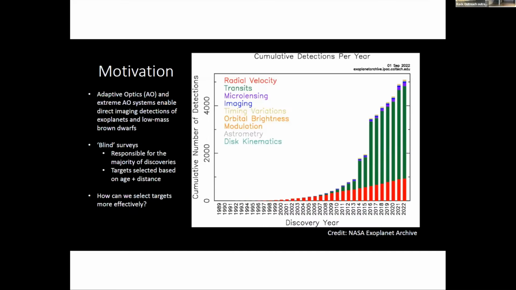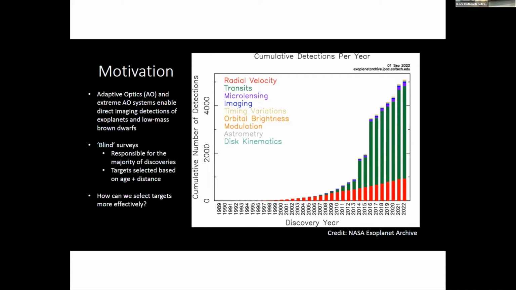As a bit of motivation, over the past 2 or 3 decades, adaptive optics and extreme AO systems have enabled direct imaging discoveries of low mass companions, including and down to planets around nearby stars.